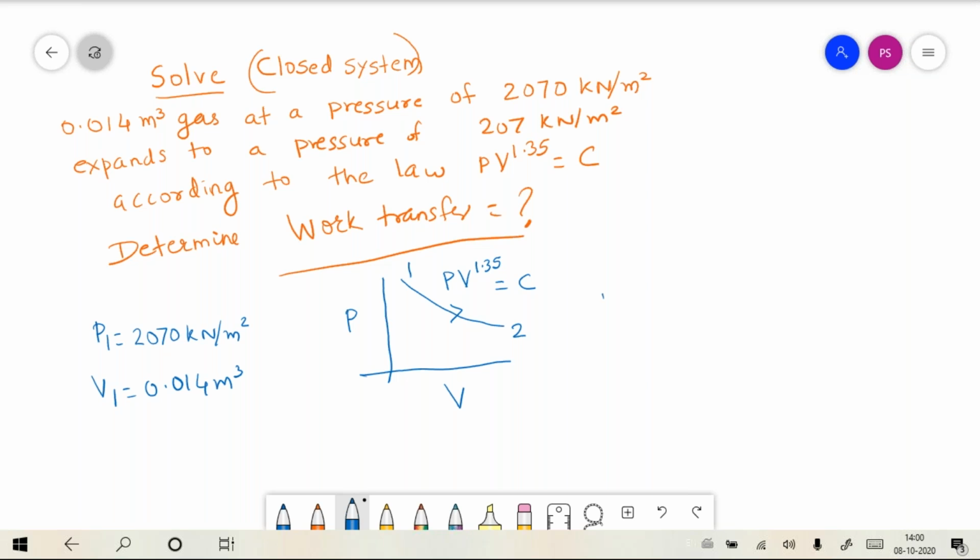Tell me the value of V2 first. How will you get the value of V2? You'll get the value of V2 as P1 V1 raised to 1.35 is equal to P2 V2 raised to 1.35. So this will give you the value of V2. So tell me this value. What is the value of V2?